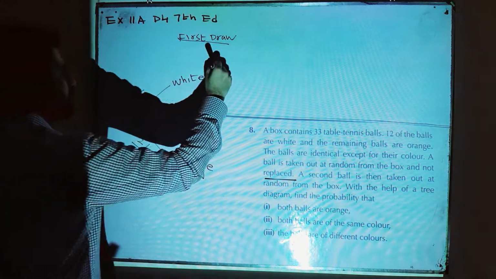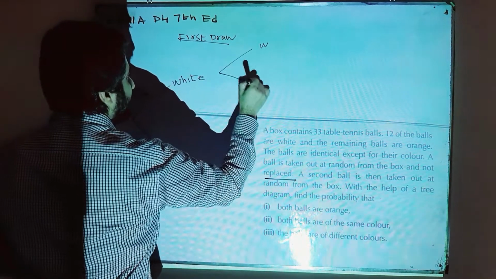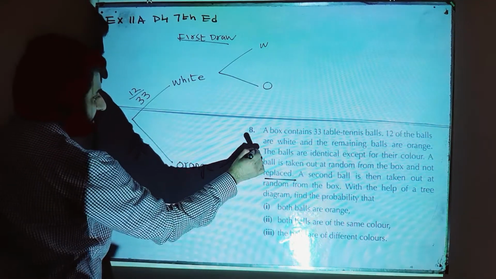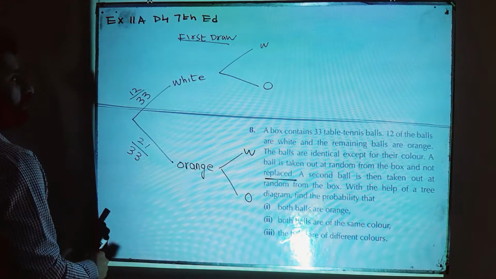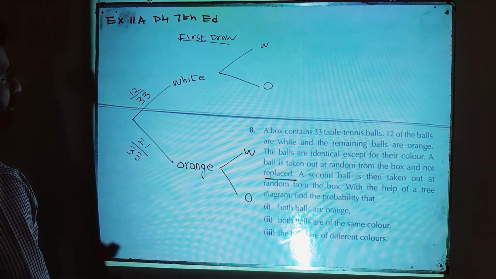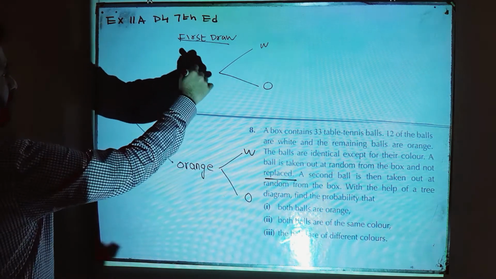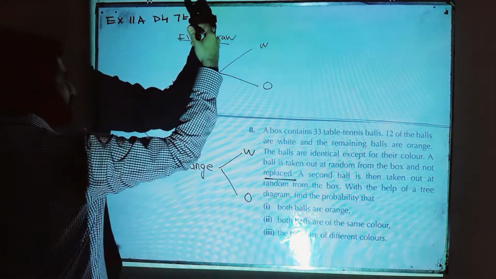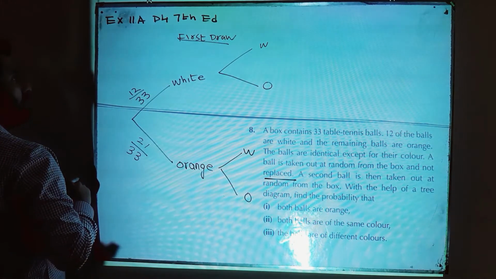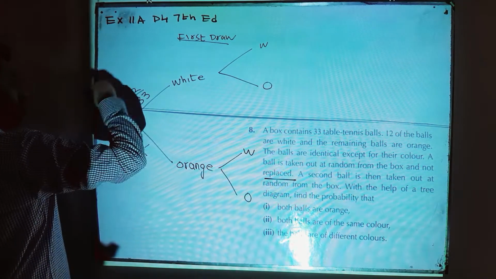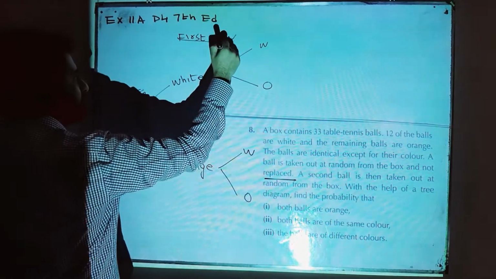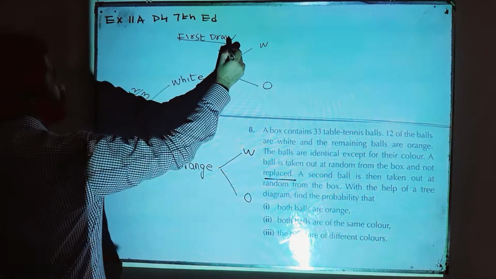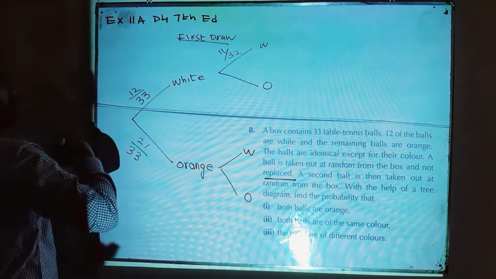Now when you take out the second ball, it may be white or it may be orange. Similarly, if you take out the second ball in this case, it may be white, it may be orange. And because we have not replaced the ball back in the bag, if a white ball is taken out, then when you draw the second ball, the number of white balls will be 11, because one white is taken out, and the total number now is 32 because one is taken out.